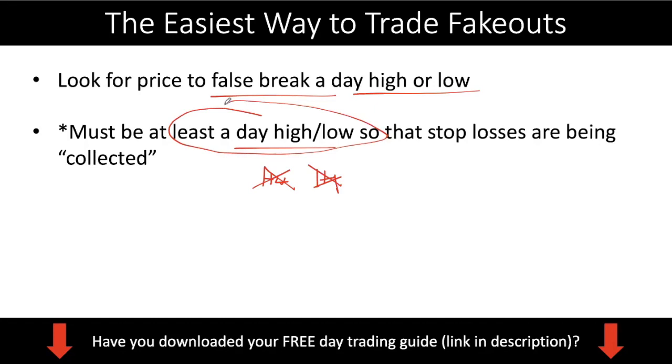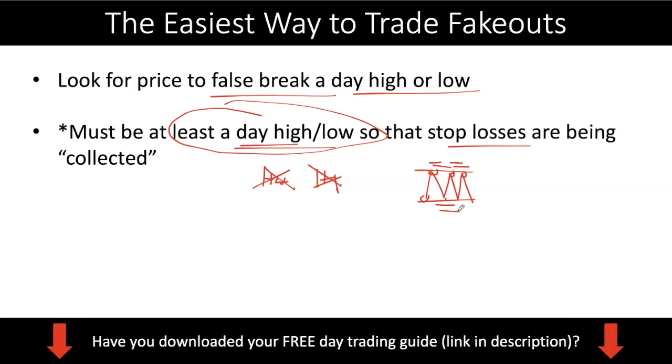The rationale is very simple. When you have a day high or day low, that means price has had time to consolidate. There is a certain time that price has consolidated, and that would mean traders would have entered here, or bought at the bottom, and they will put their stop losses. So there is enough time for the stop losses to be collected.